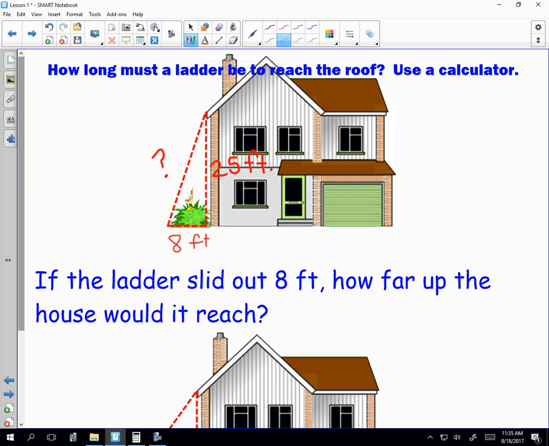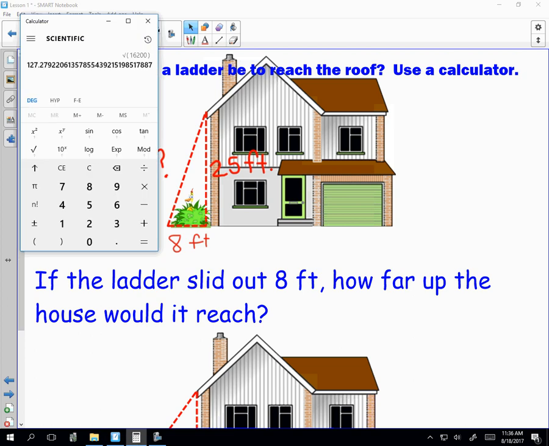The ladder is the hypotenuse, so that's our c squared equals 8 squared plus 25 squared. c squared equals, and this is where we go to our calculation. We've got 25 squared plus 8 squared, which is 64. And then we have to square root that value to find the length of this ladder.